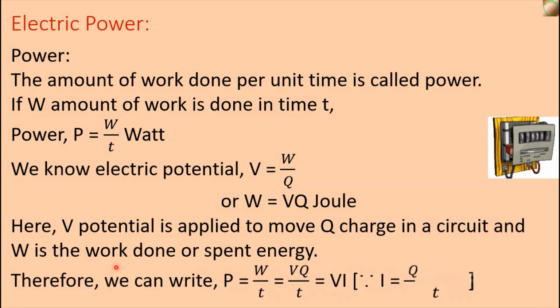Therefore, we can write P is equal to W divided by T. W is equal to VQ, therefore VQ divided by T. And we know I is equal to Q divided by T. Therefore, Q divided by T is equal to I. This is equal to VI, that is P is equal to V into I. This is the electric power.